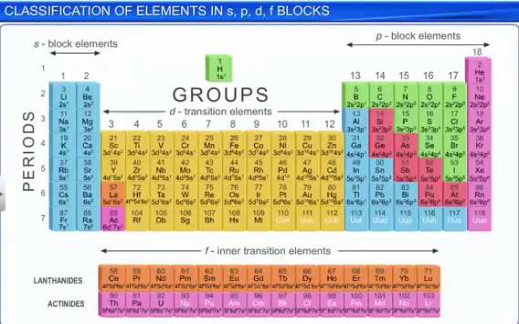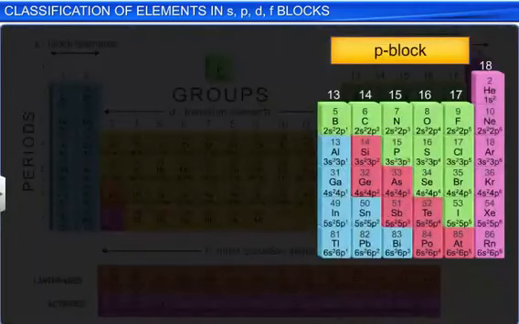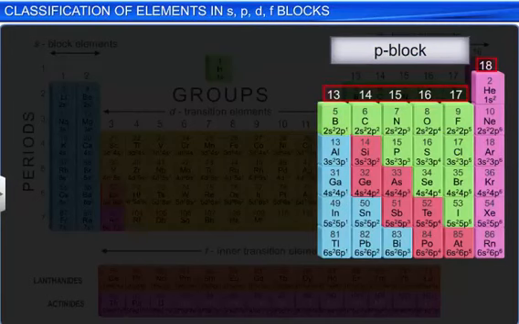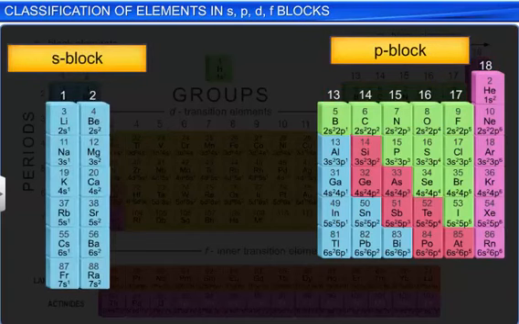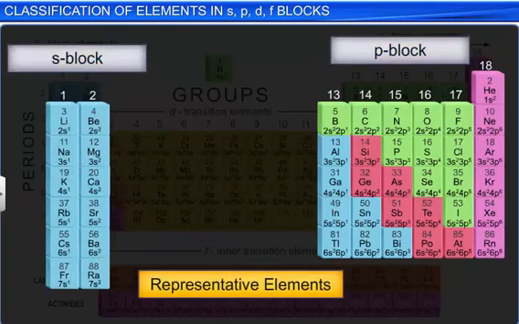Now let's discuss the properties of the P block elements. The elements of group 13 to 18, situated at the right side in the long form of periodic table, belong to this block. The P block elements, together with the S block elements, are called the representative elements or main group elements.